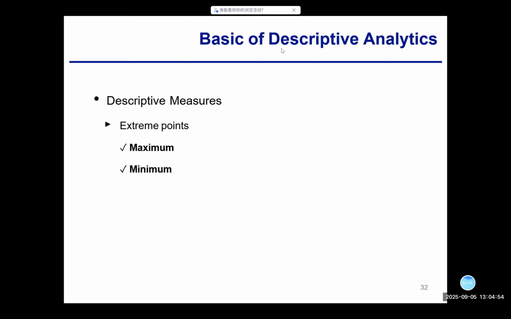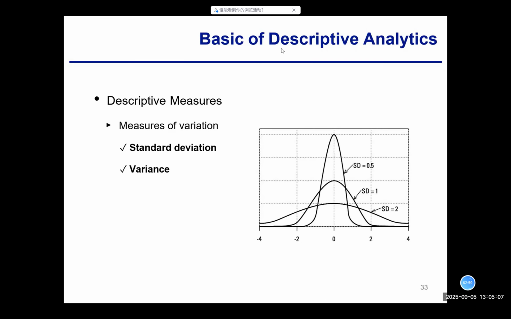And on the other hand, we care about the minimum income because, for example, in the US, the minimum wage is defined by the law. So it's really necessary for us to find out in the data set what the maximum and minimum are.